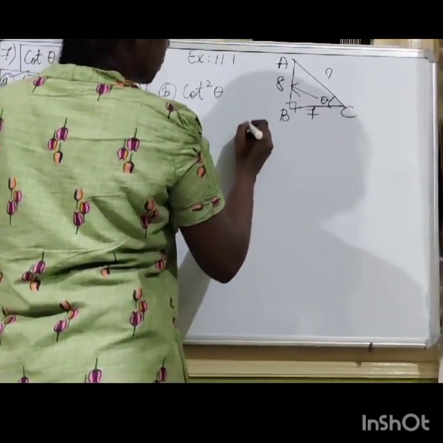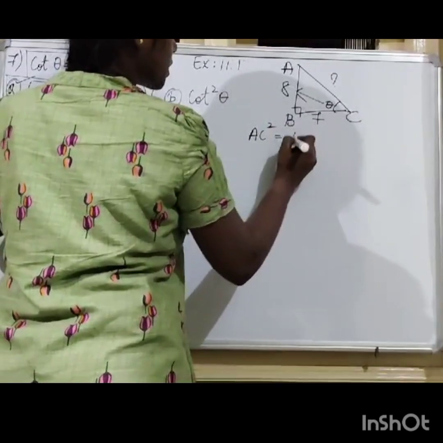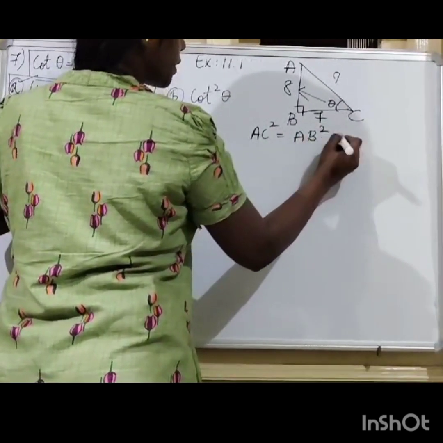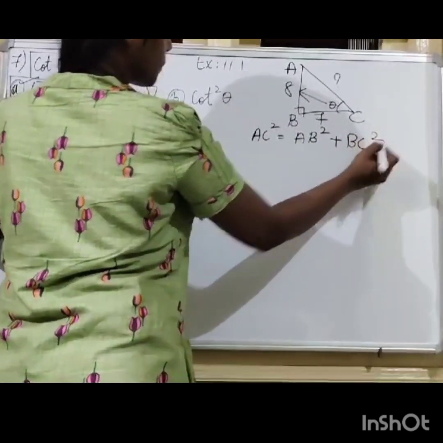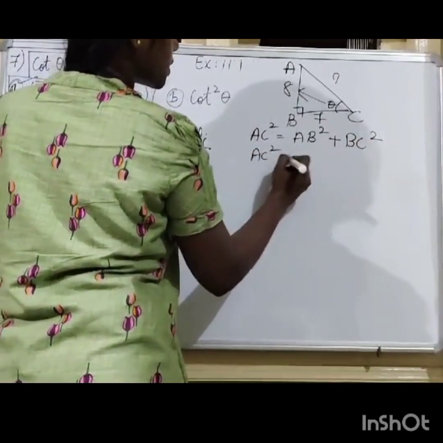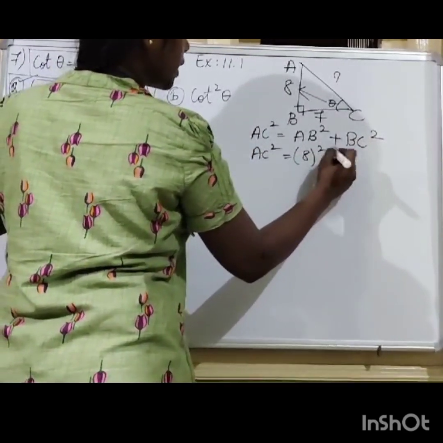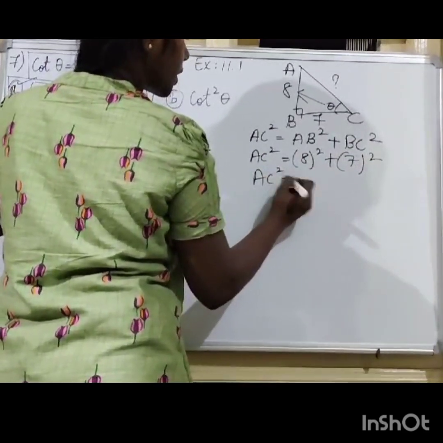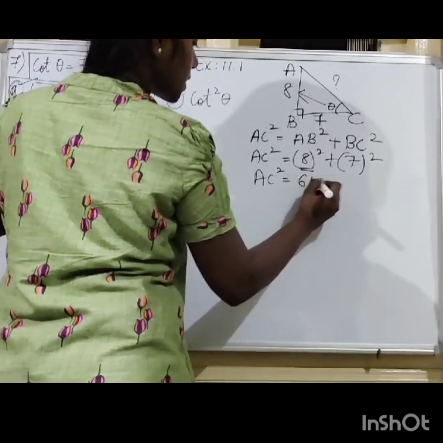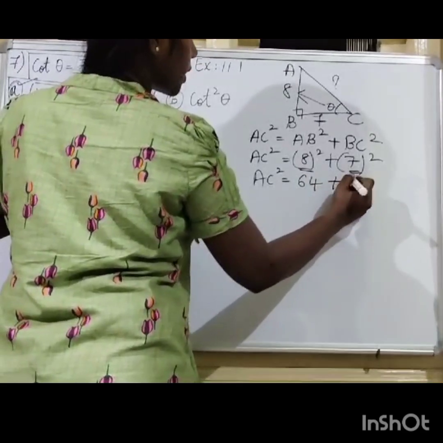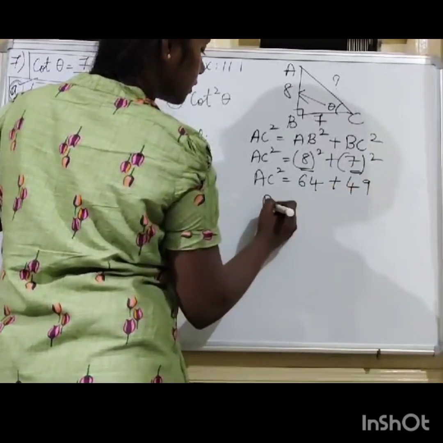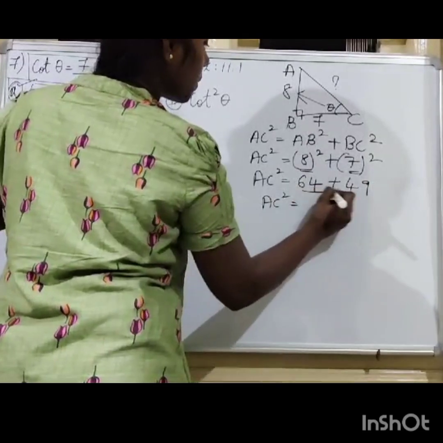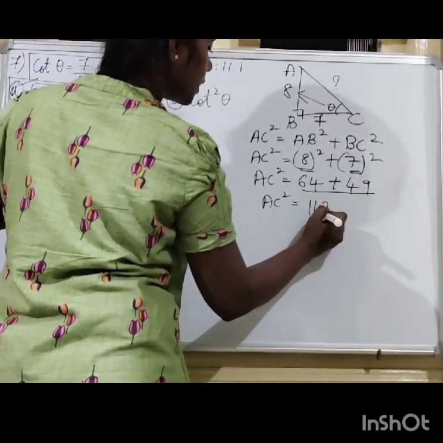So for that we will be using the Pythagoras formula. AC square is equal to AB square plus BC square. AC square is equal to 8 the whole square plus 7 the whole square. AC square is equal to 8 square is 64 plus 7 square is 49. 64 plus 49 is 113.